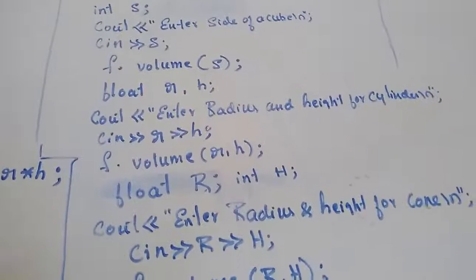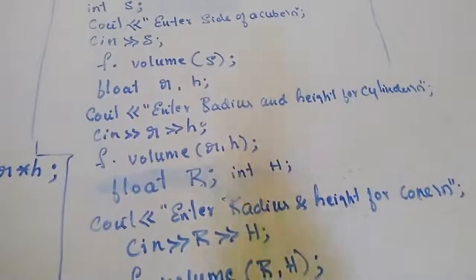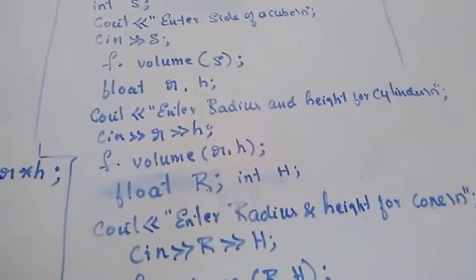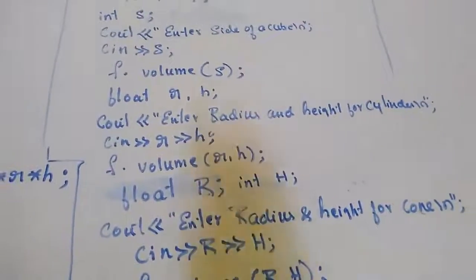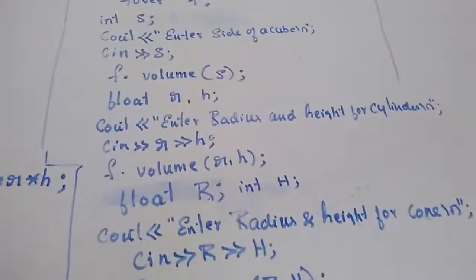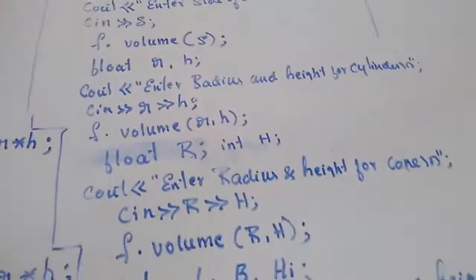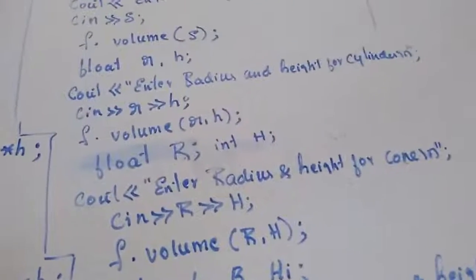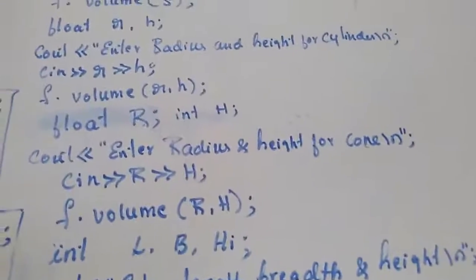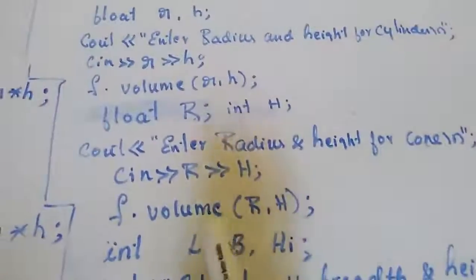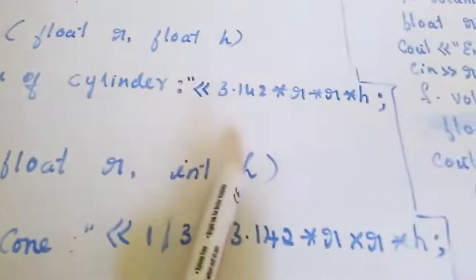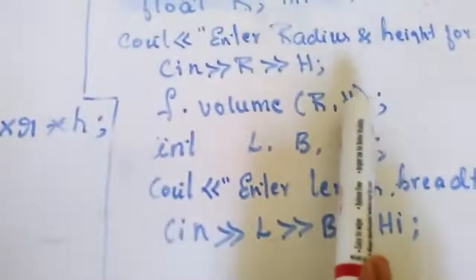That's why we have to change the identifier case, R and H, or you can take any other variables x, y like that. So it would be related to that task. That's why I have taken r and h itself and changed the case. Enter radius and height for the cone, then r and h. Which function will exactly execute? This function. One is floating type, another one is integer type. The value of capital R is copied to small r and the value of capital H is copied to small h.